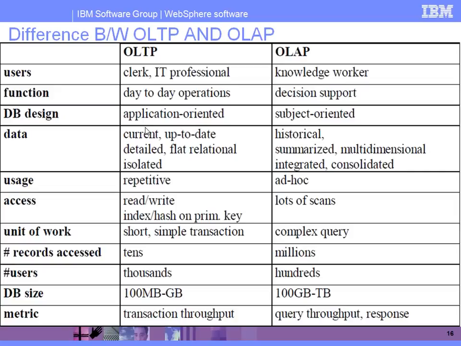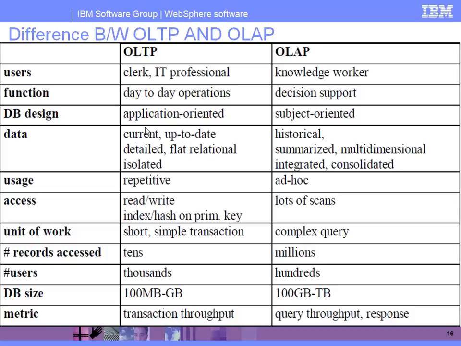Next, usage wise. In OLTP, repetitive usage will be there. In OLAP, we are going to have ad hoc usage. Ad hoc means a huge amount of usage will be there.